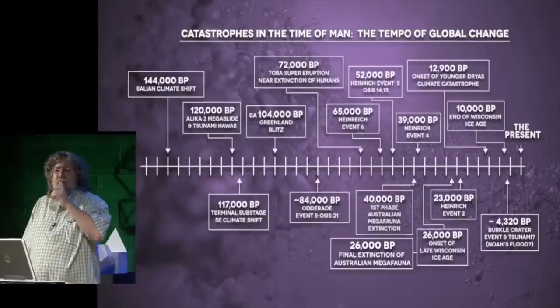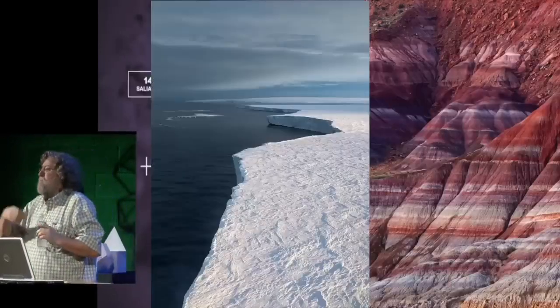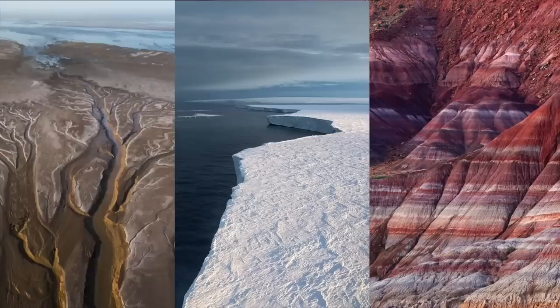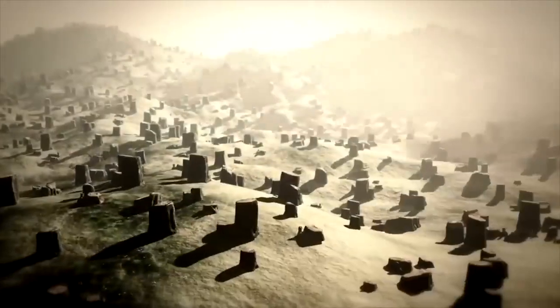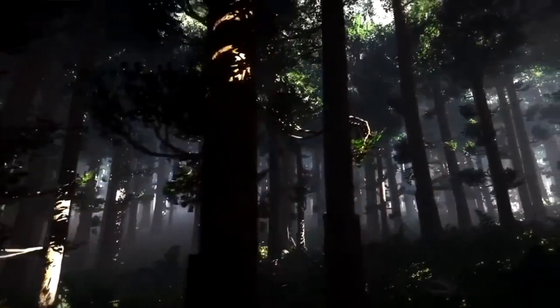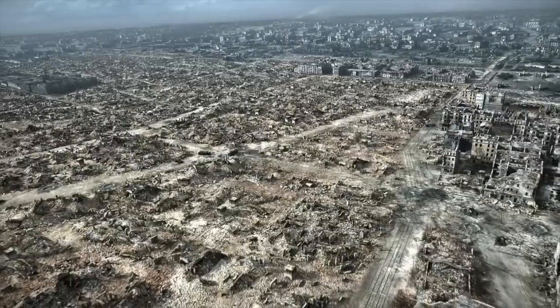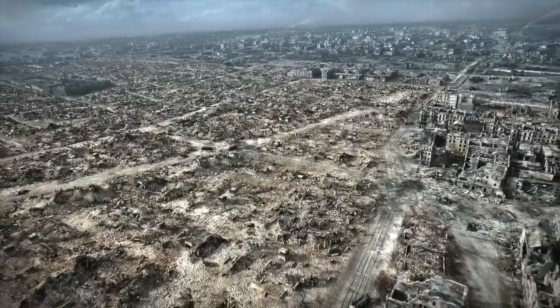I began studying the record of geological change, climate change, environmental change, and I focused on events that could be considered catastrophic. And catastrophic to the extent that were an event of an equivalent magnitude to occur now, it would basically end civilization as we know it. That's the criteria I used.